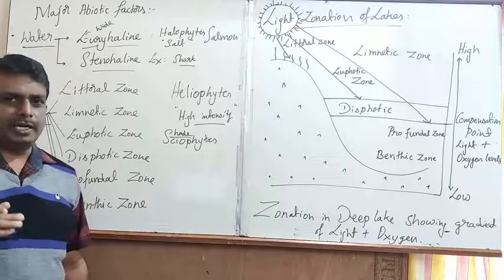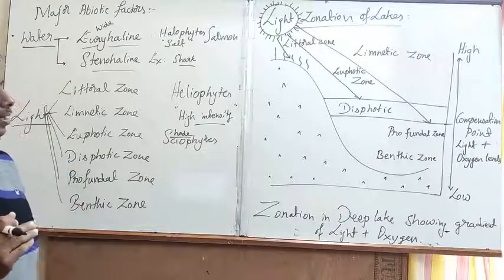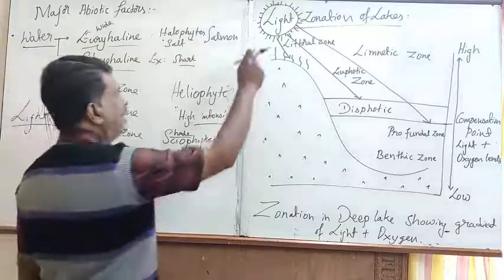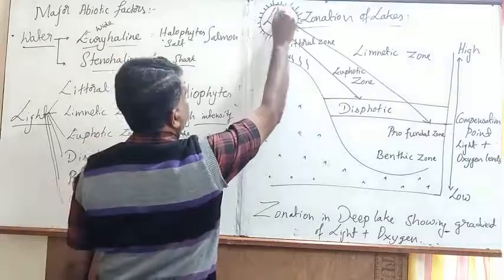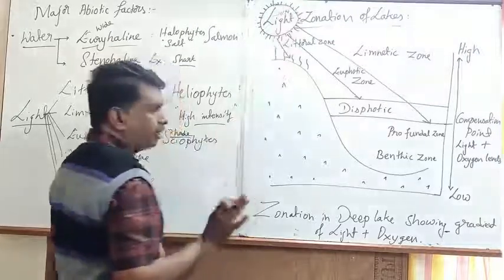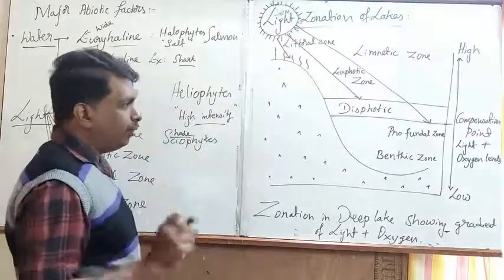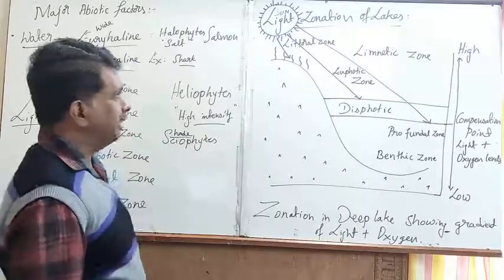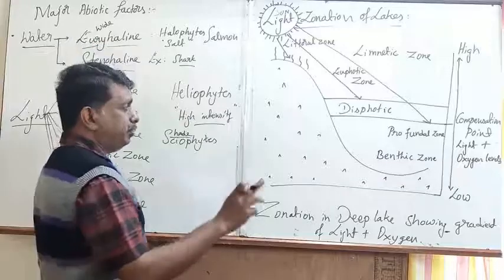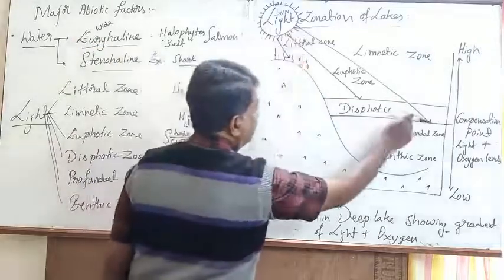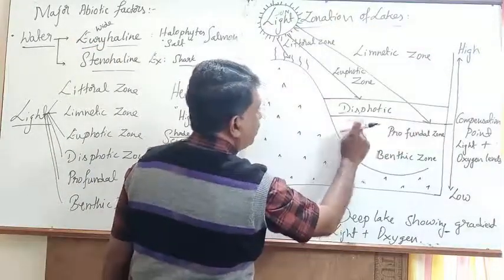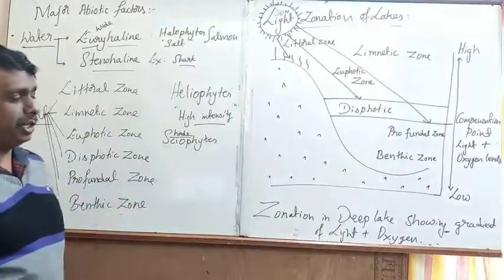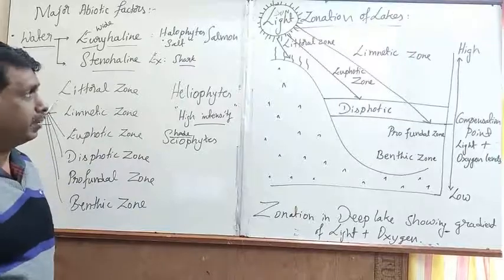If you observe the lake as an aquatic ecosystem, the sunlight is the supreme source of energy. Through electromagnetic radiation, the light energy is distributed up to the dysphotic region.